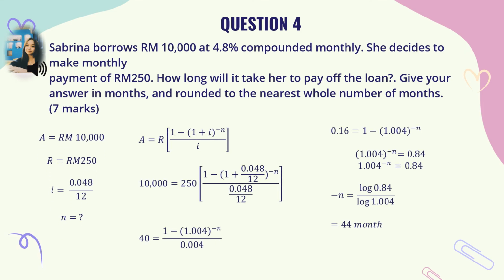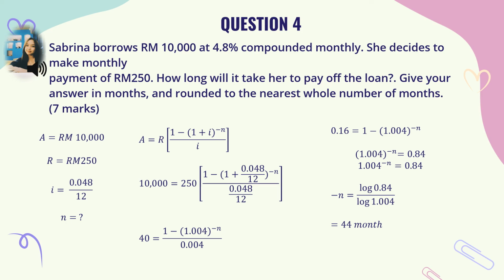Question 4. Sabrina borrows RM 10,000 at 4.8% compounded monthly. She decides to make monthly payments of RM 250. How long will it take her to pay off the loan? Give your answer in months, rounded to the nearest whole number of months.